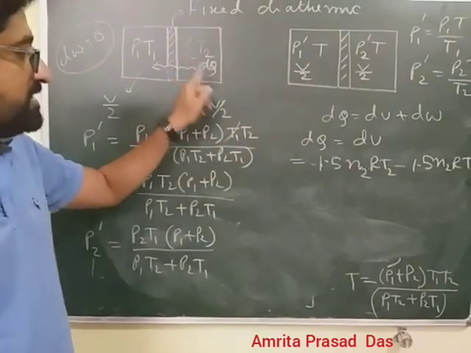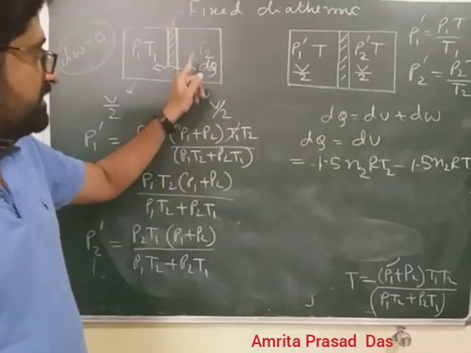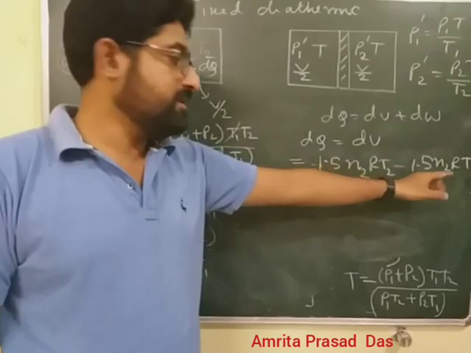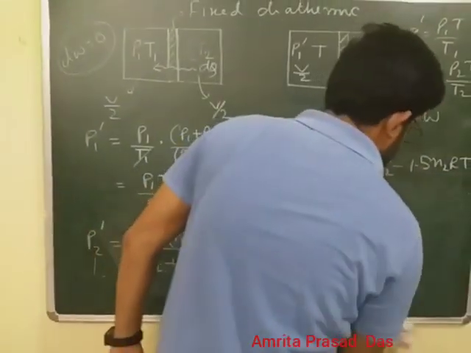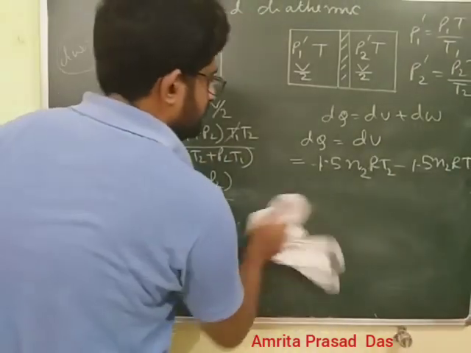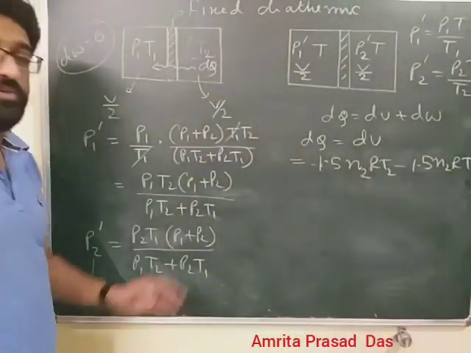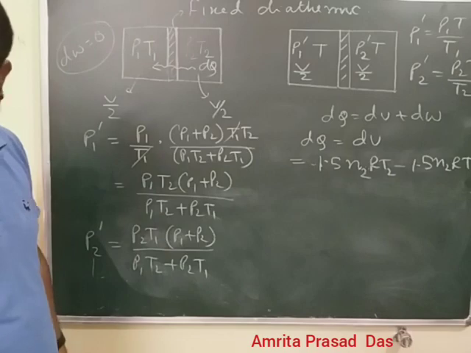Here the number of moles is N2, the temperature initial value is T2 and final value is T. Now we have to put the values of N2 and T and calculate it to find out the amount of heat that flows from this one to this side.